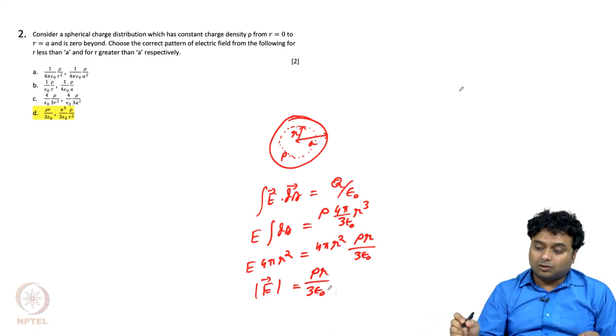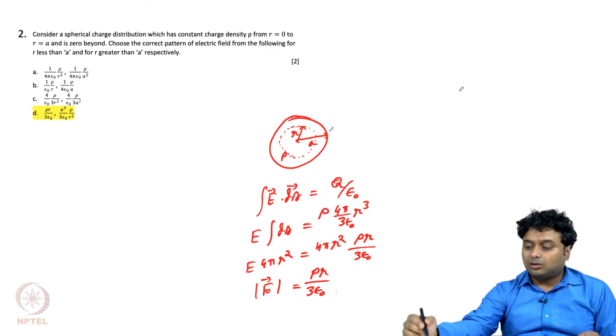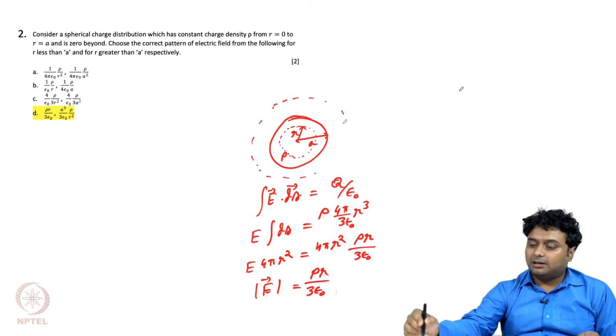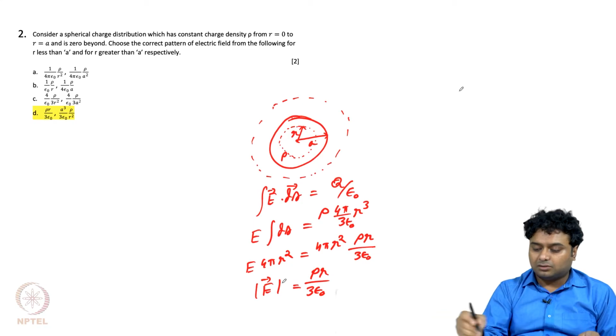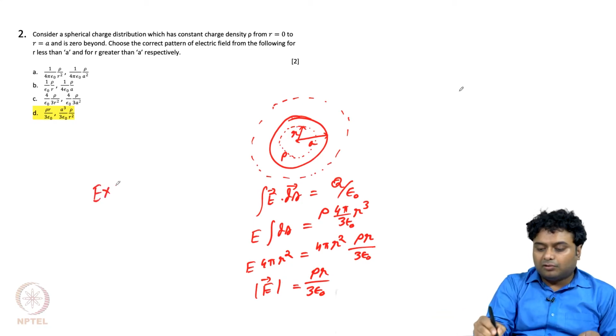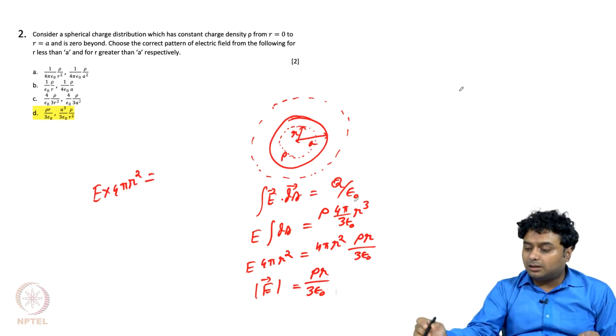And now what will be the electric field outside? So we will take a Gaussian surface for r greater than a. In that case the left side will be the same, because E dot ds gives E into 4 pi r square, that is equal to q by epsilon naught.